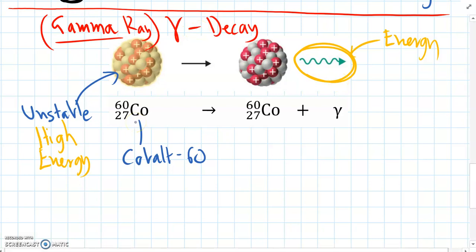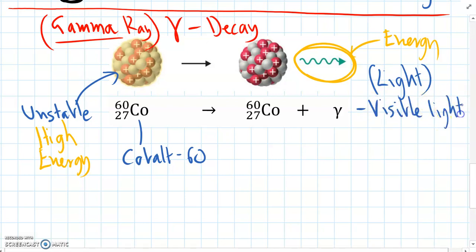So, we've mentioned gamma rays are a type of energy, and actually they're a type of light. And we've actually come across them before when we learnt about light back in the physics topic. So remember, light can be just visible light, but remember there are lots of other forms of light depending on the wavelength.